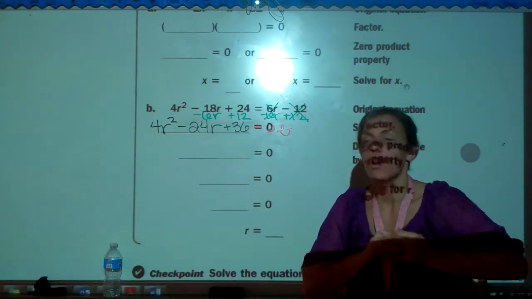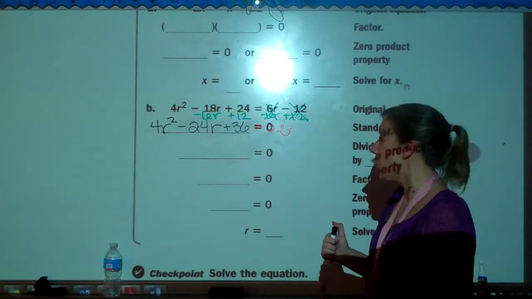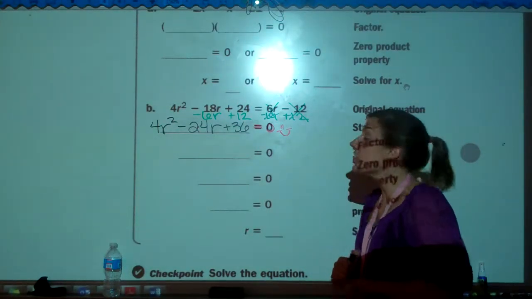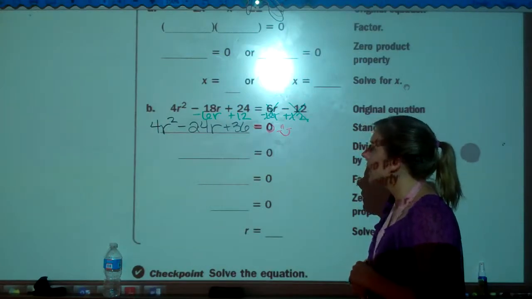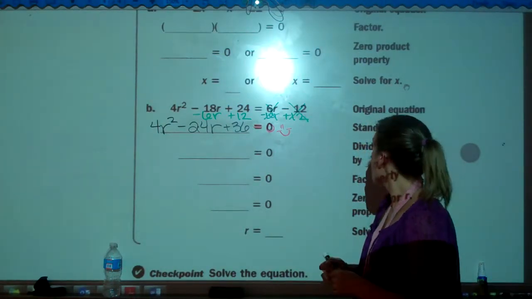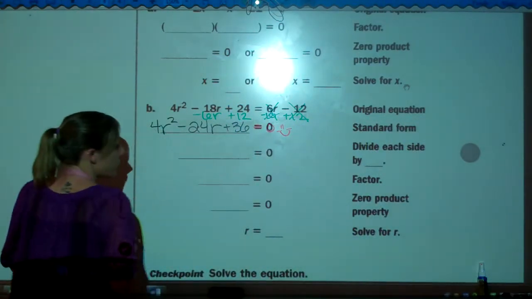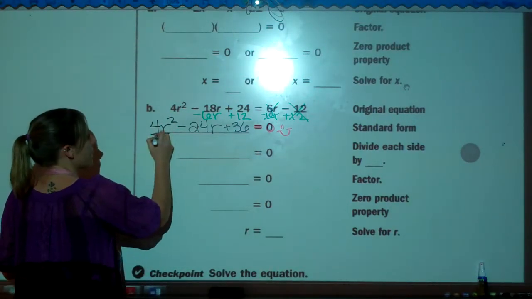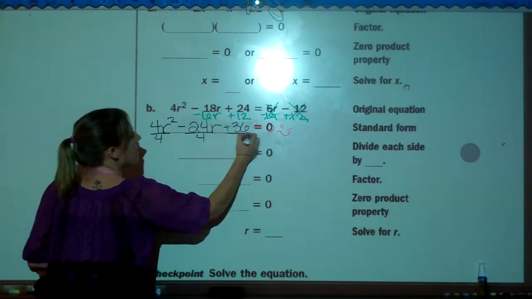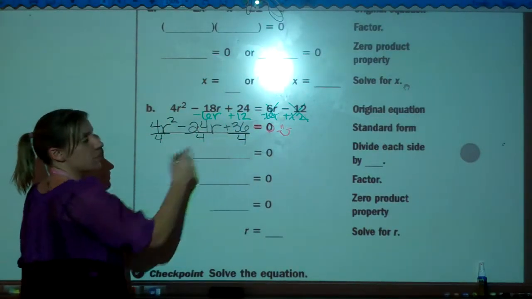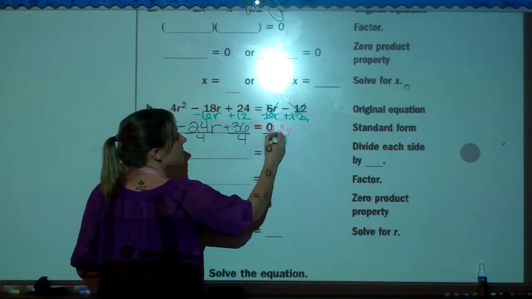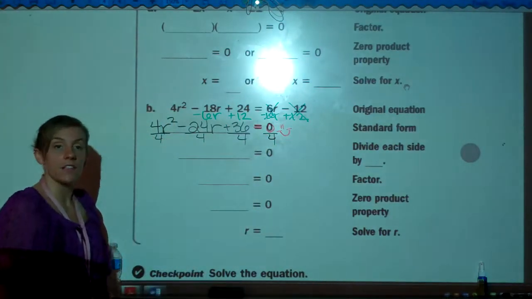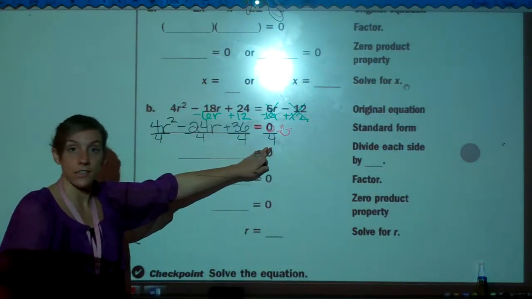And whenever we factor, the first thing we always look for is the GCF. So, all of those divide by a 4. So we want to divide the 4 out of each of these. And since we have an equation, you can divide the 4 out of that as well.